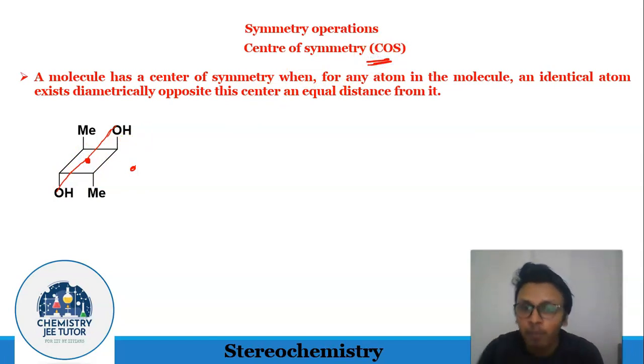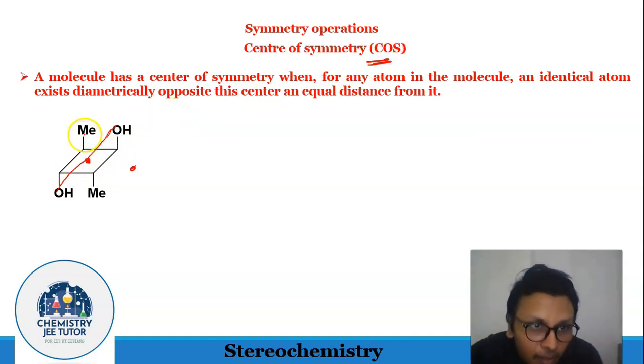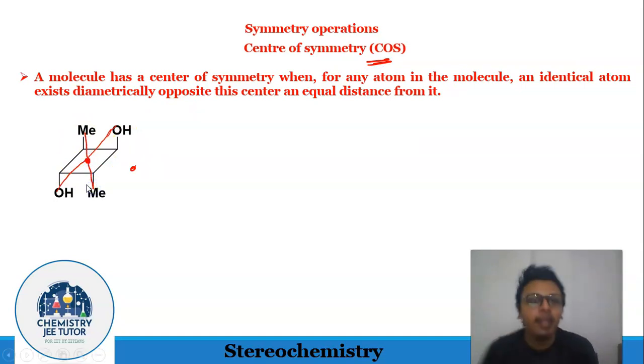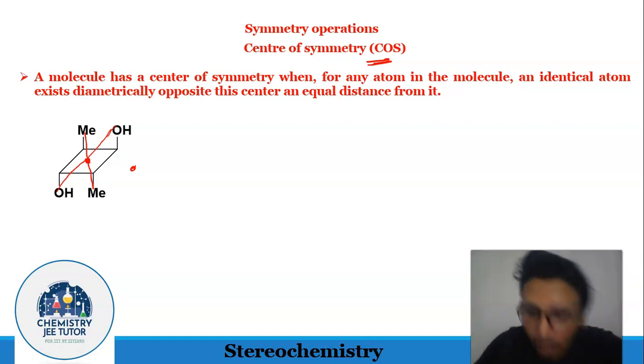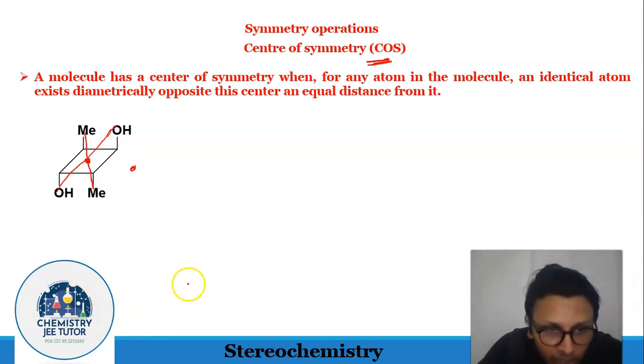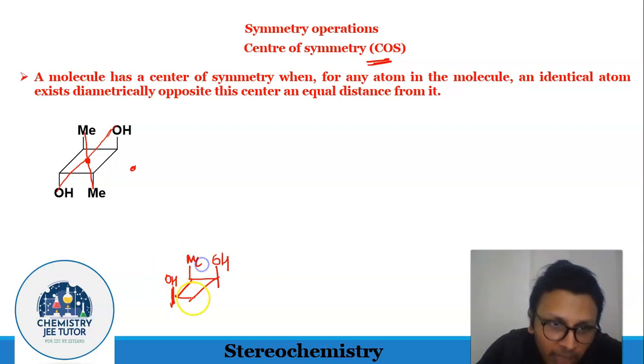It's a short form. Let's see the methyl then. We start from the methyl, we pass through the center, and we encounter an identical methyl. Now I may have a molecule like this, with both OH on top. And suppose I say both methyl are also on top.